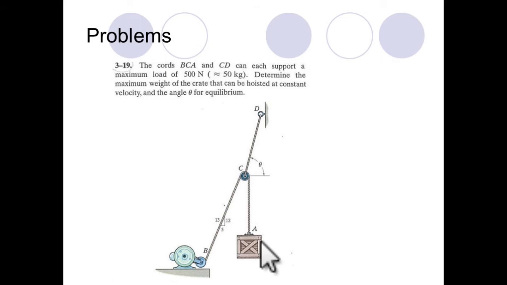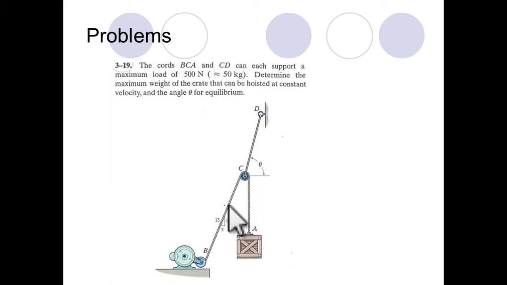Therefore we can assume that it's under static equilibrium, and we are asked for the maximum weight that can be lifted by the system, because each cord has a strength of 500 newtons.